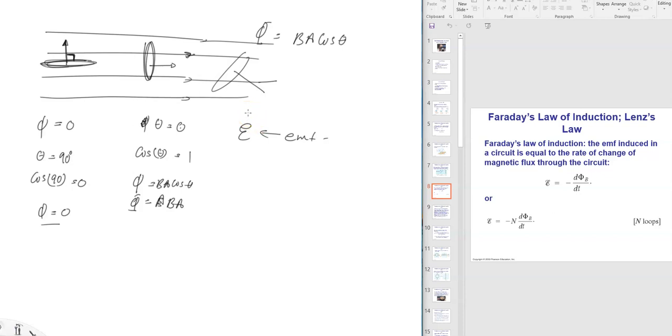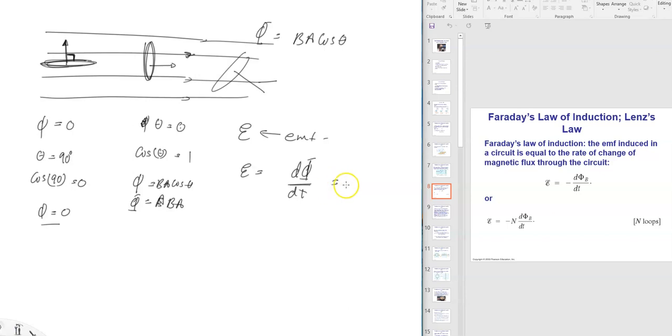Now the amount of voltage depends on how fast the flux is changing. So mathematically we say that E equals d psi by dt. Mathematically this means the rate of change of flux. Now some of you probably haven't taken calculus, so you may not be familiar with this particular way of writing. This means the rate of change of flux.